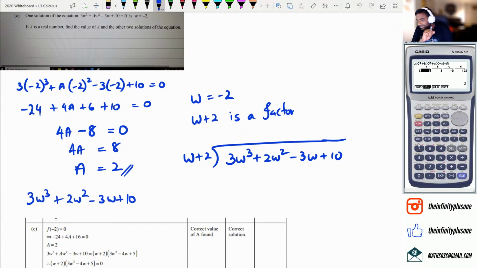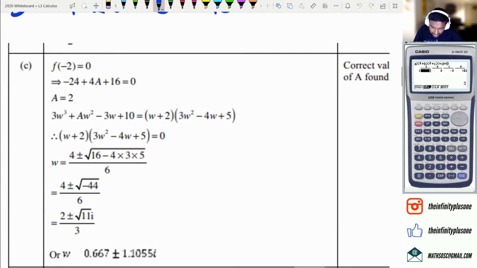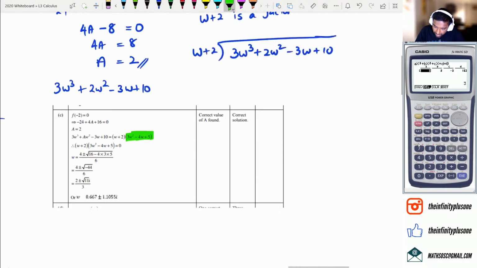You can't guess and check in this case. You'd have to do long division. There's that answer sheet that I told you about popped up. You have to do long division to figure out this part, and then after that you put it in the quadratic equation to get a nice looking answer.